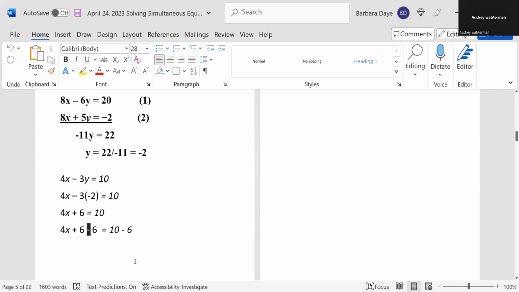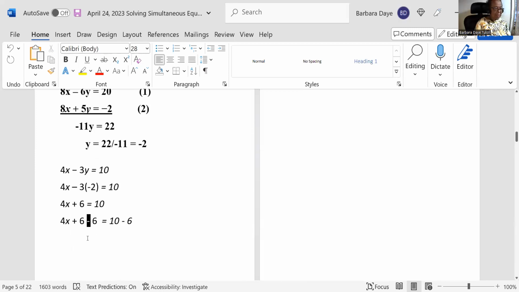Mercedes, I heard you. Right, negative 6? No, that's just 4x, right? Plus 6 minus 6 is 0. What's 10 minus 6, Audrey? It's 4. So what is x equal to?